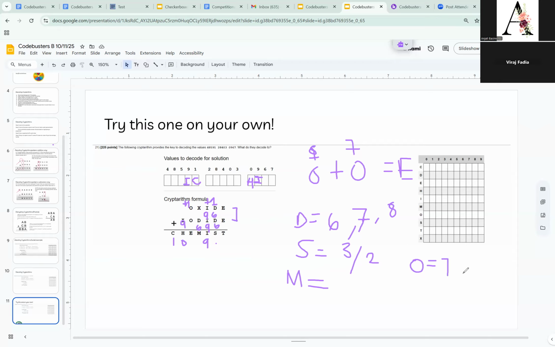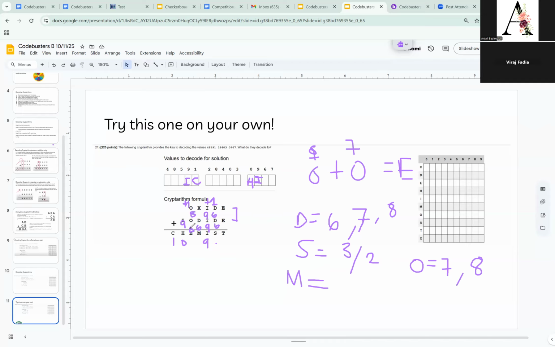But O can be either 7 or 8 because it can't be 5, right? Because if it was 5, it'll become 10. Yeah, and it can't be 6 because we already have 6. And it can't be 9 because we already have 9. Okay. And then now let's try O as 8.